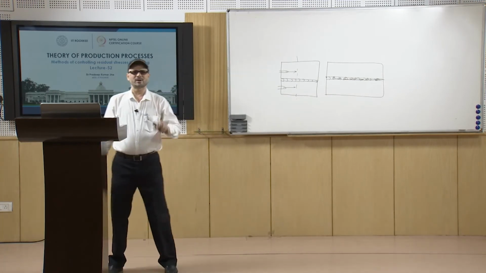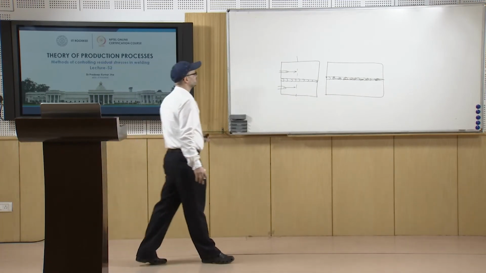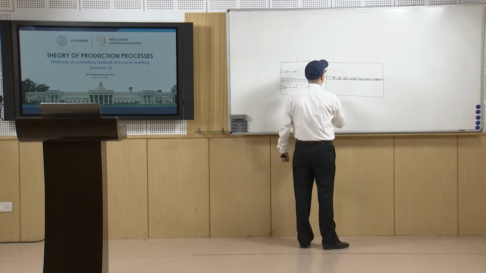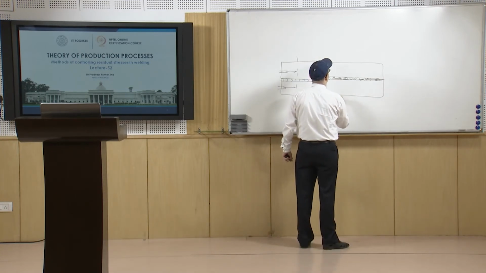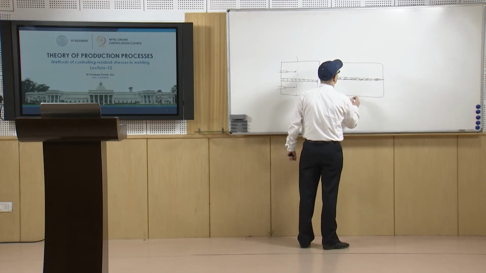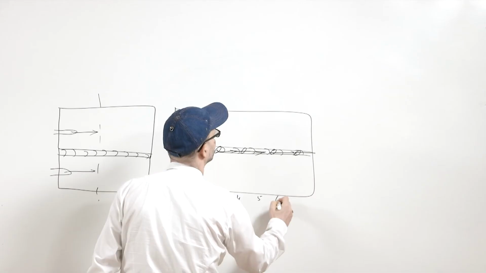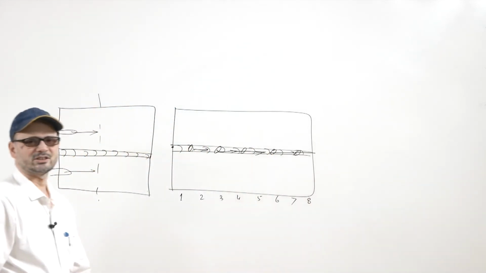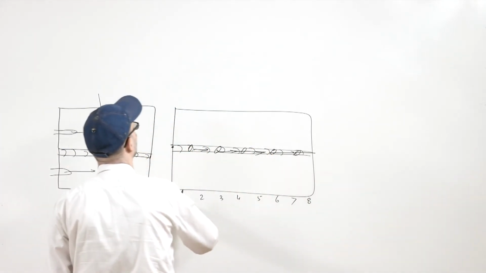And then skip welding. Skip welding is used because, once you have the zones defined, suppose 1, 2, 3, 4, 5, 6, 7 and suppose 8 zones are there, it is not that we are doing from 1, then 2, then 3.